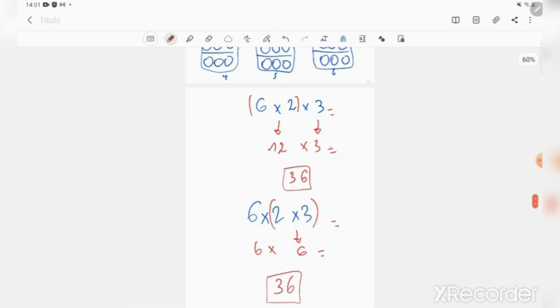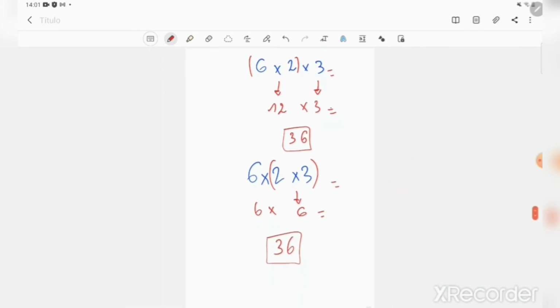This is how the associative property of multiplication works. No matter what multiplication you do first, and where you put the open and closed brackets, you will always get the same result.